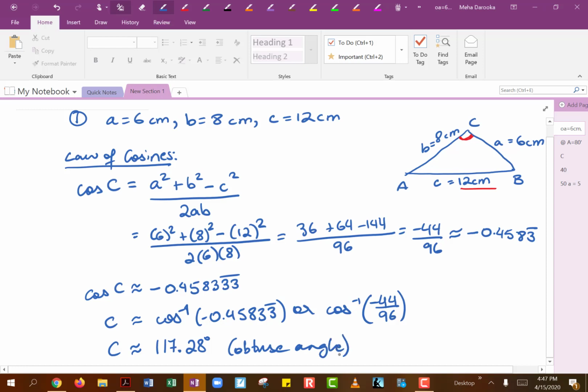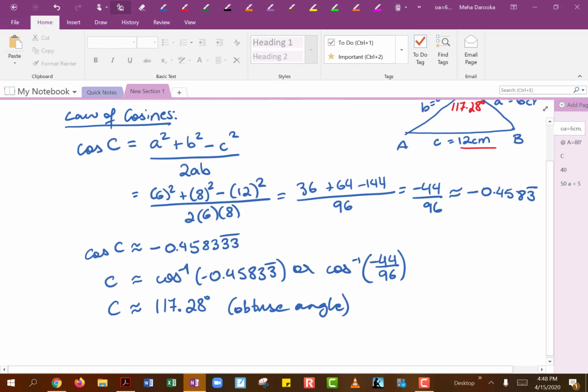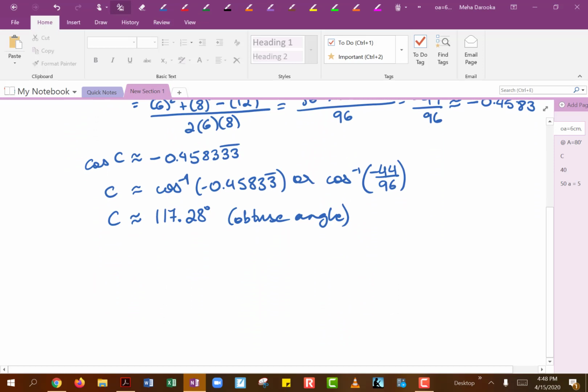So if this angle C is an obtuse angle, then our other remaining angles have to be acute. Okay, so this guy is 117.28 degrees. So after you find angle C over here, you can actually use the law of sines to find the other angle. So let's take a look at our next angle.